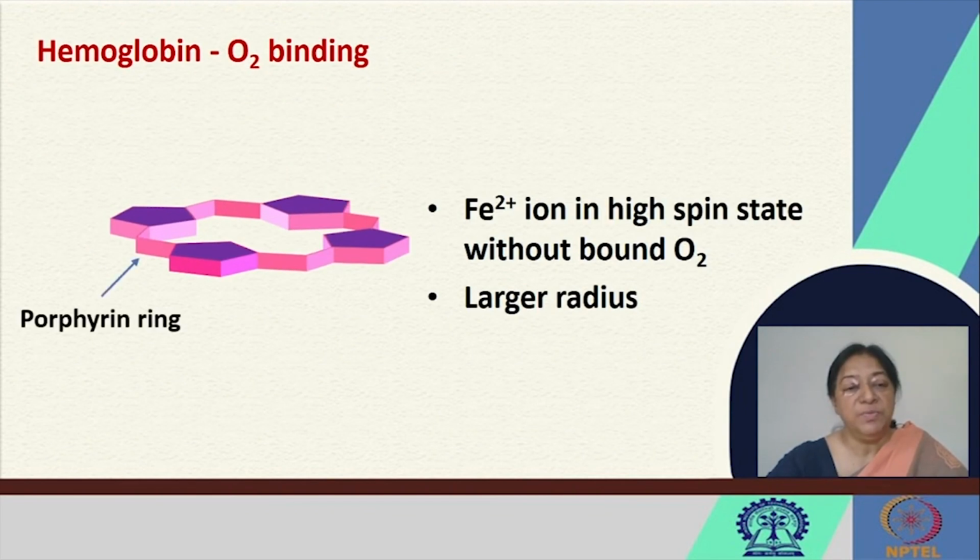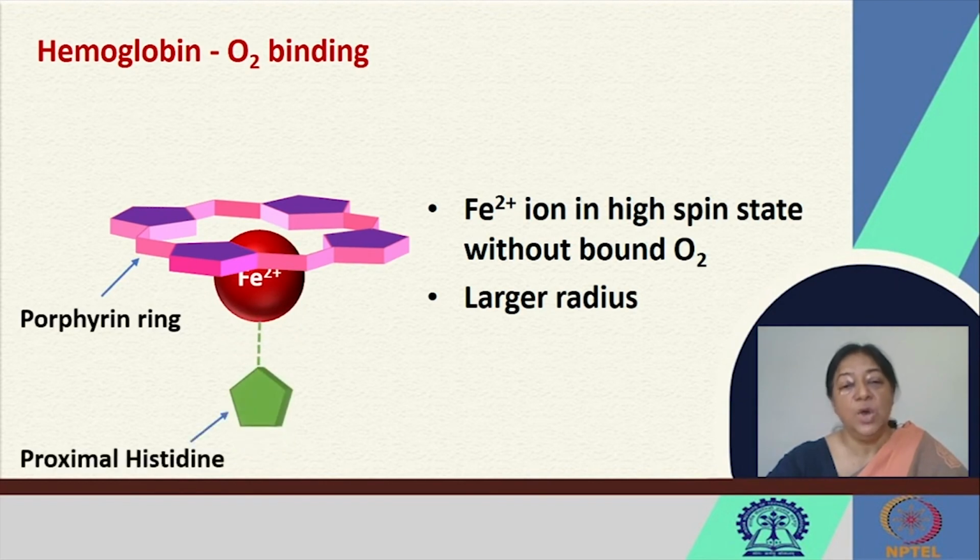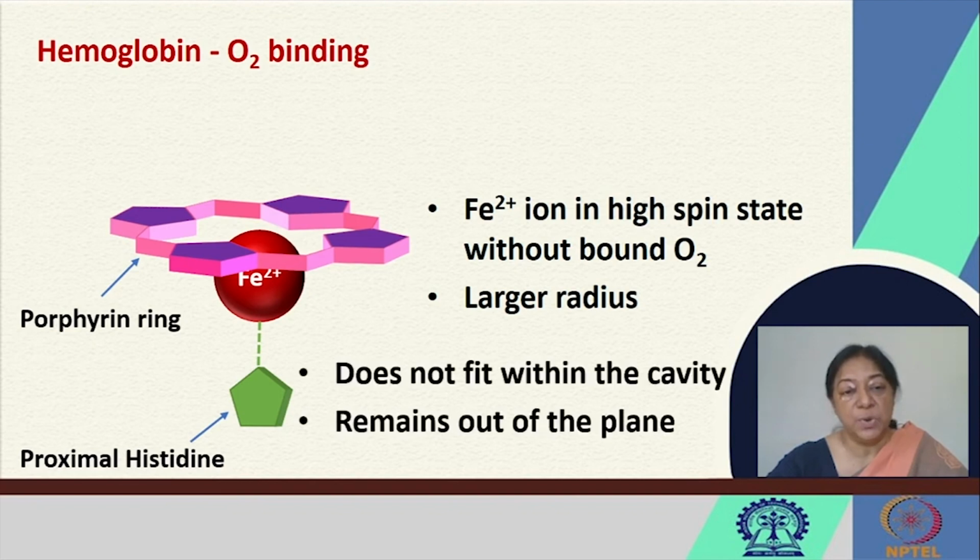So if we look at the porphyrin ring, when we have Fe2+ in the high spin state without bound oxygen, it has a larger radius. It is associated with the proximal histidine at this point, and it does not fit within the cavity, and so it remains out of the plane.